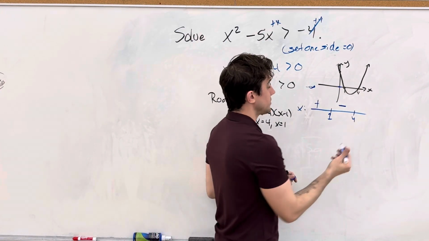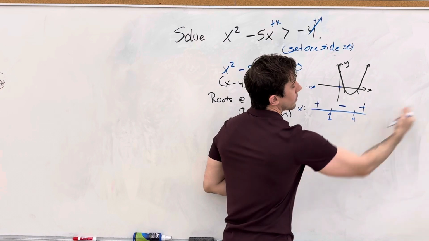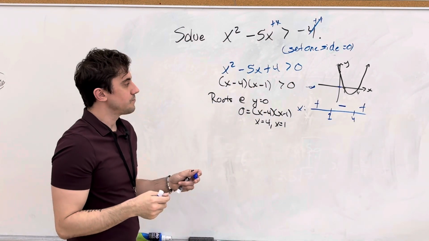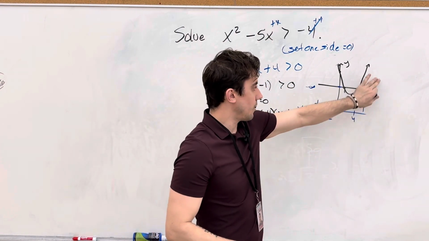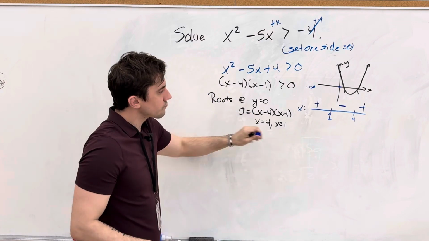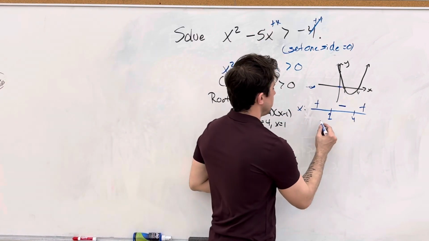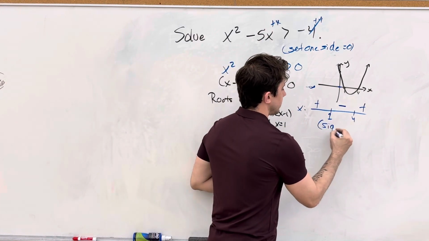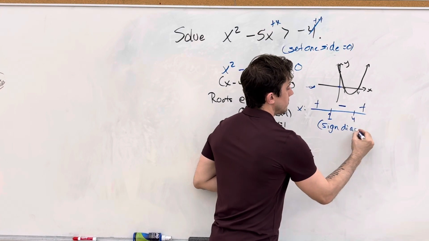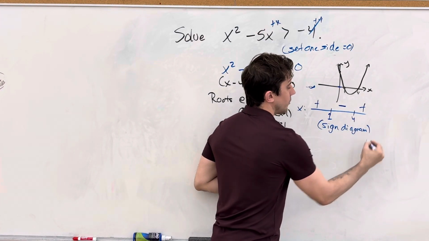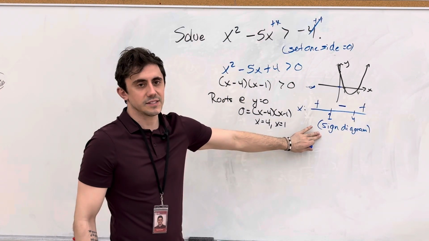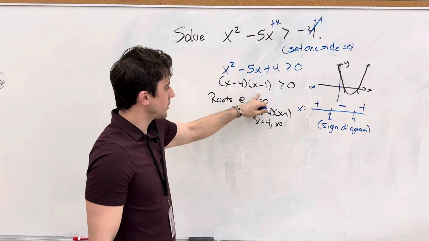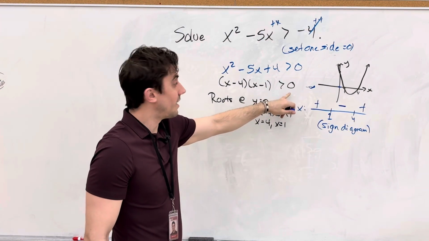And so from 4 all the way through to +infinity, we have positive values for our function. And so with this sign diagram, that's a term you'll likely see frequently moving forward.